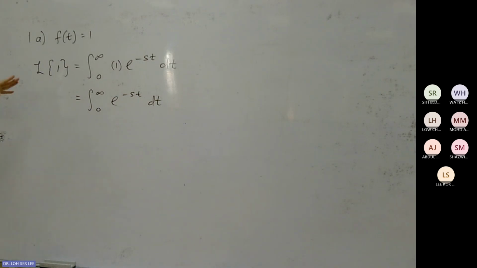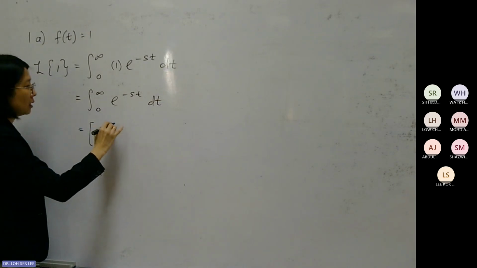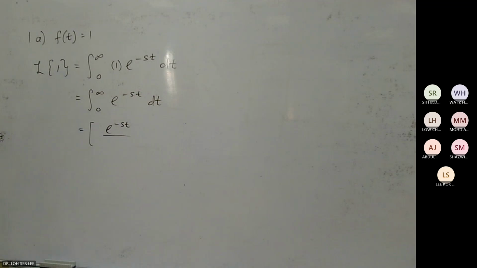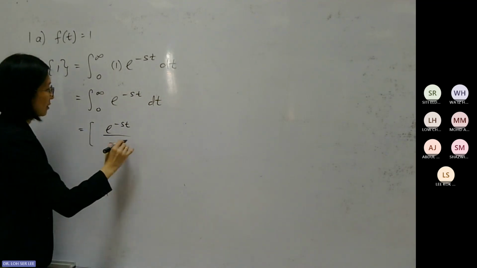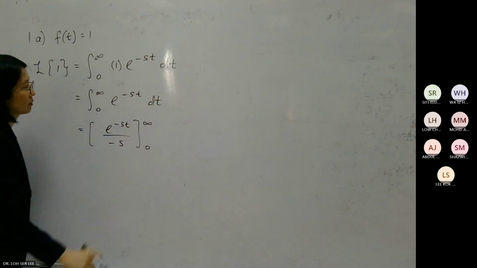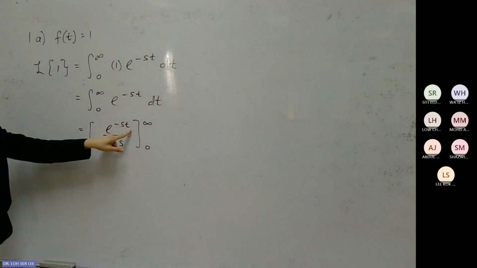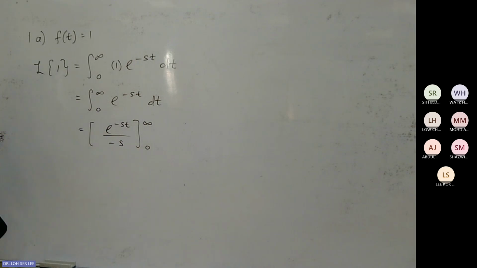Now we can start to do the integration. So what do you get? Integrate with respect to t: e to the negative st over negative s. Because you are differentiating this with respect to t, you have negative s.